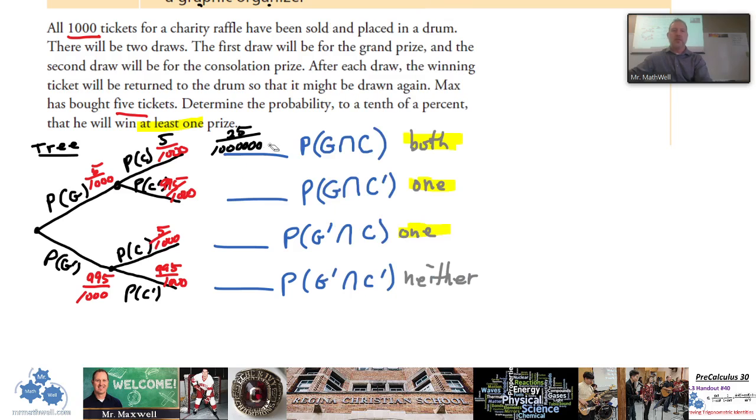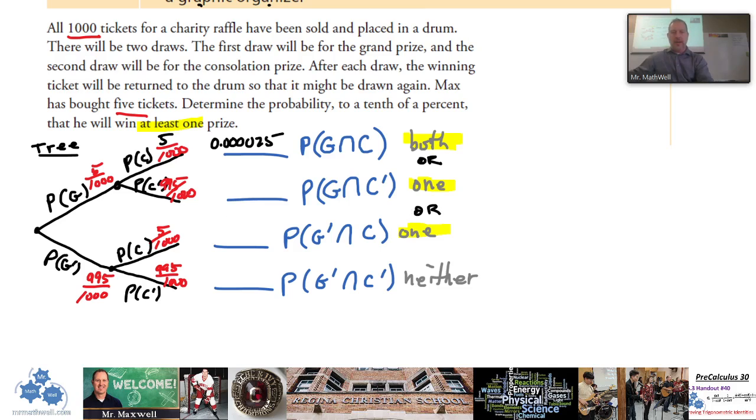That's a very, very small percentage that he's going to win both. That's not the answer, though. It's at least one, so one or both. So it's both, or this one, or this one, right?